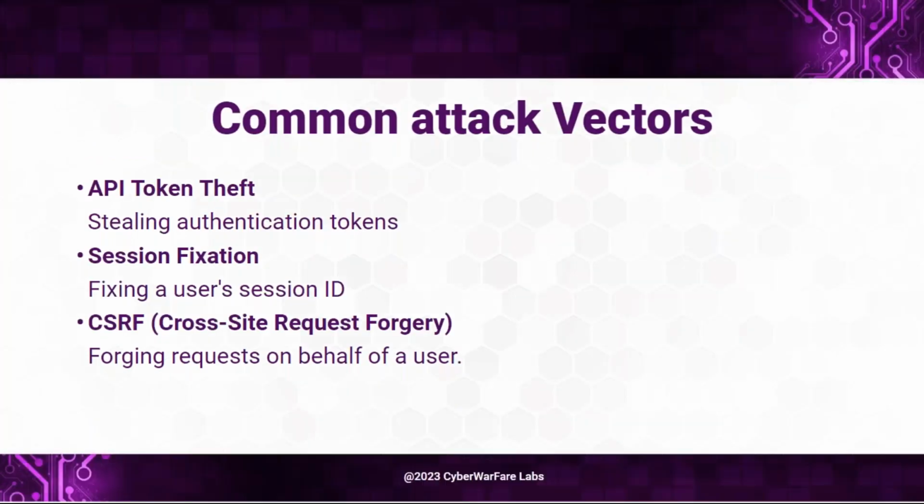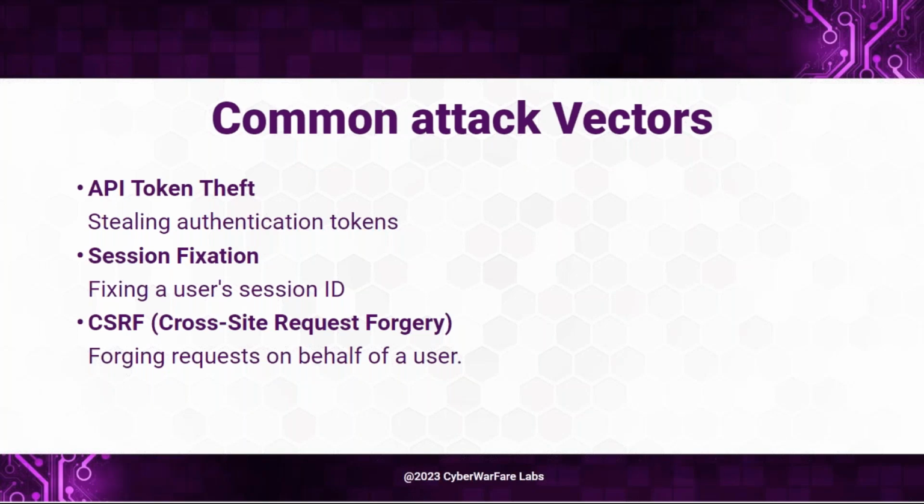Next, we go to common attack vectors that are present in authentication and authorization flaws, like these three: API token theft, session fixation, and CSRF, cross-site request forgery. Now, API token theft is an attack vector.